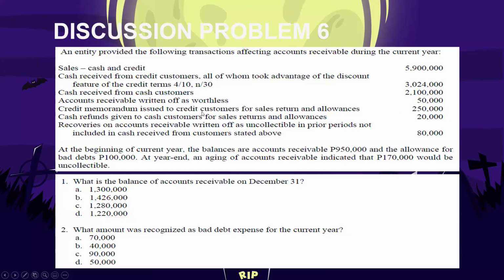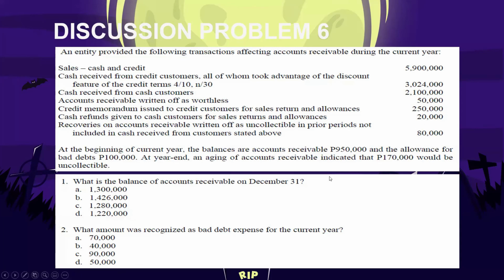Credit memo issued to credit customer for sales returns and allowances for 250,000. Cash refunds given to cash customers for sales returns and allowances of 20,000. And finally, we have recoveries on AR written off as uncollectible in prior periods not included in cash received from customers stated above. So yun na, very clear, for 80,000.